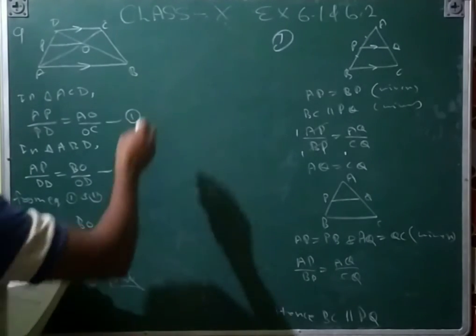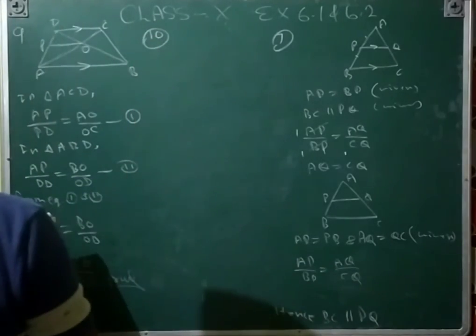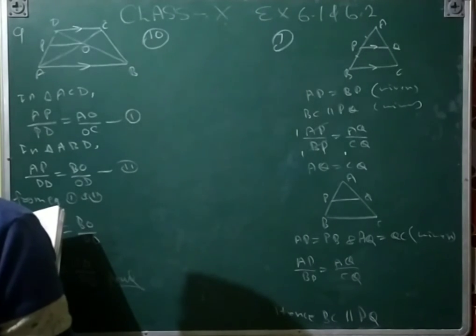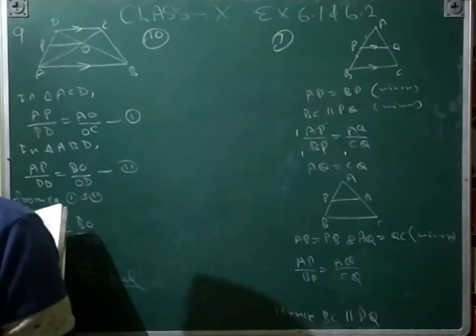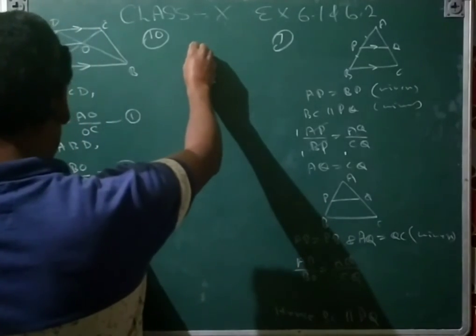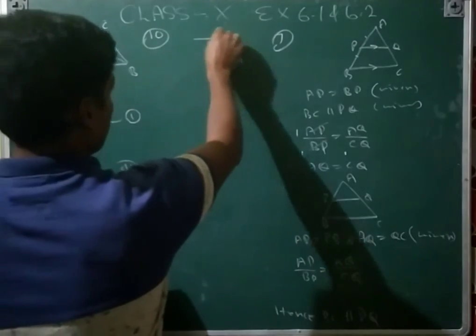And 10th question is also related to that one. Same thing. If the diagonals of a quadrilateral ABCD intersect each other at O such that AO upon BO is equal to CO upon DO, we need to prove that this is a trapezium.